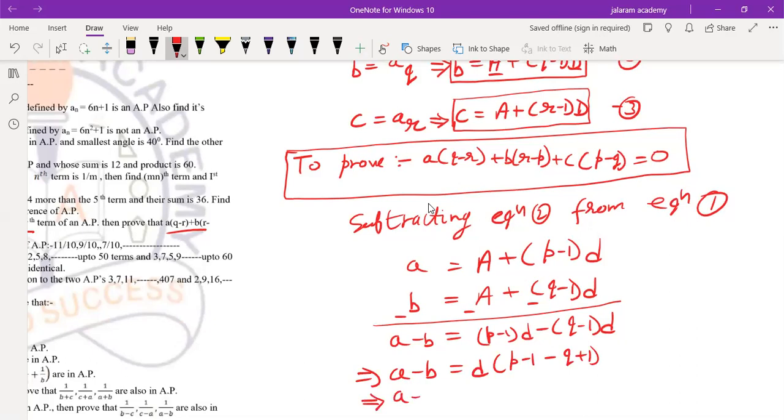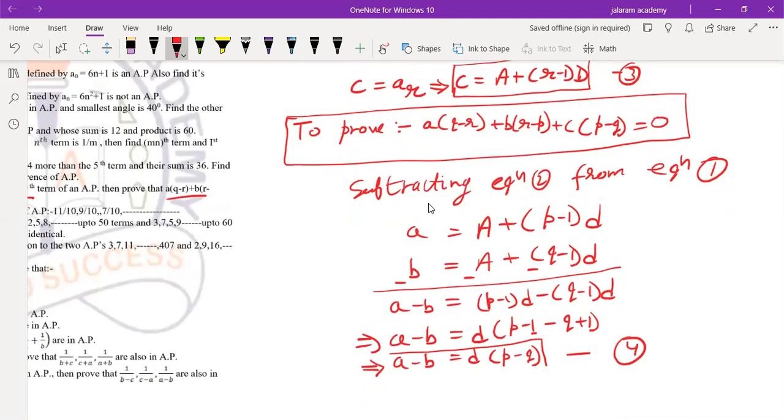And it implies A minus B equals to D into 1 cancelled out. So it is D into P minus Q, which is taken as equation number 4. A minus B equals to D into P minus Q.